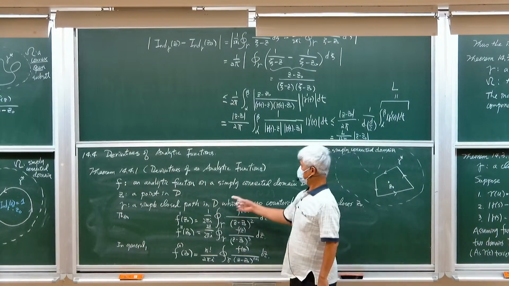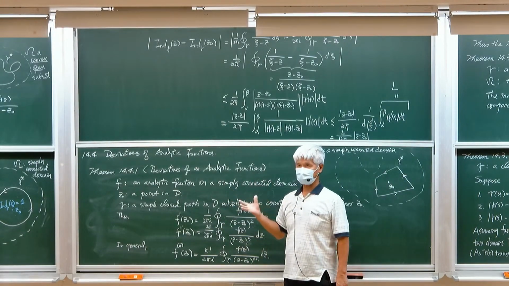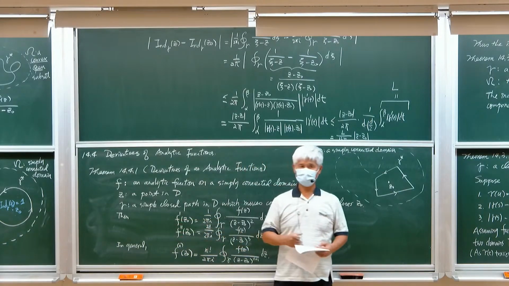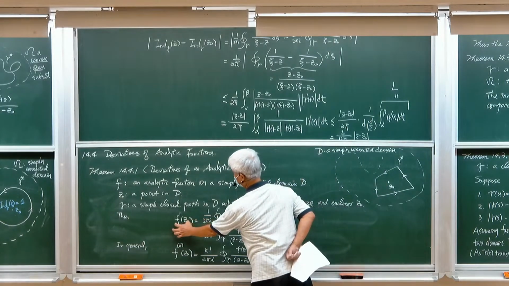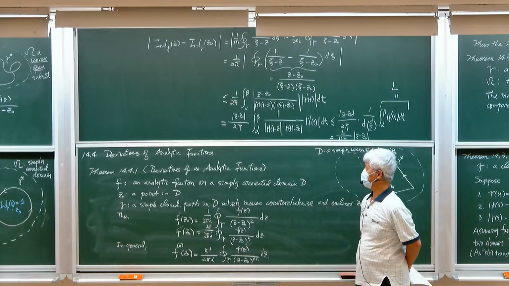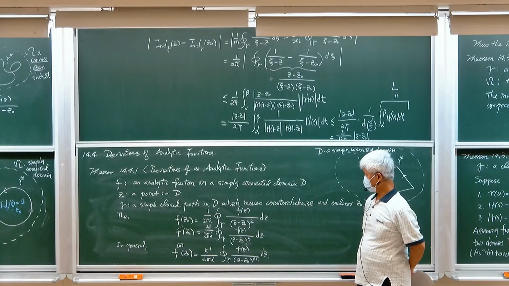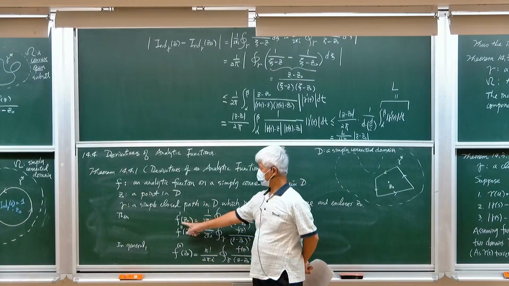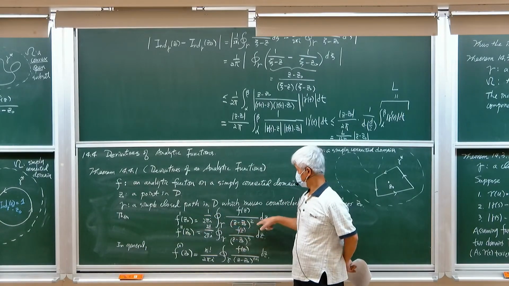Right, so this answers our question that if f is analytic, which means that f prime exists at every z0 in the simply connected domain D, then we can express the derivative at z0 as a line integral here.